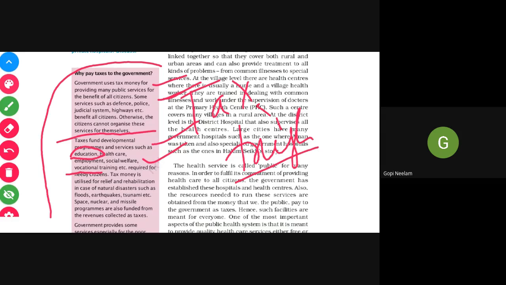This is how, after implementation of that program, there was development in education. At the same time, healthcare during corona: the government provided sanitizers, masks, some money to the people, and a public distribution system with rice, dal, whatever it is. And employment as well.